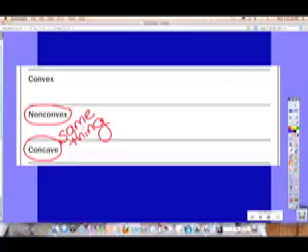Yeah, 5 sides. I just think of it as the house, right? 1, 2, 3, 4, 5. There's a pentagon. What do you think about that? Do you think that's convex? Yeah. Can I show you a test how you can tell if it's convex? If it's convex, you should be able to go from any vertex to any other vertex and stay inside the shape or just trace the shape.